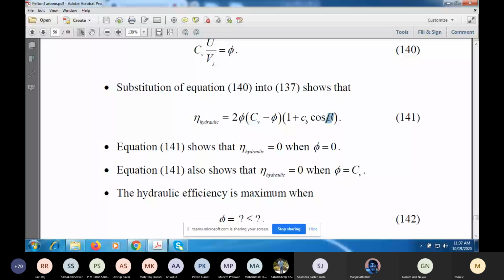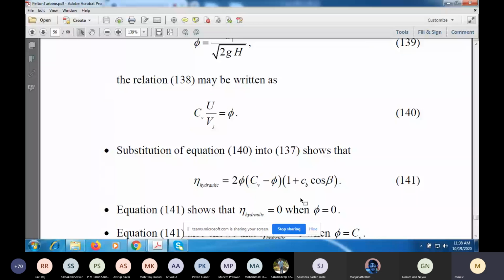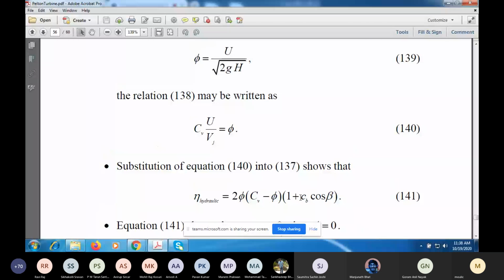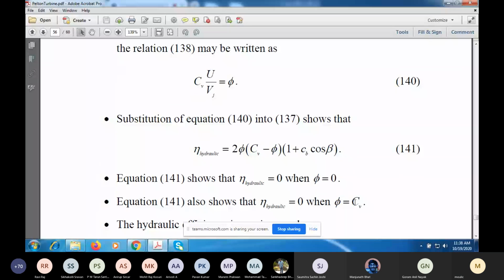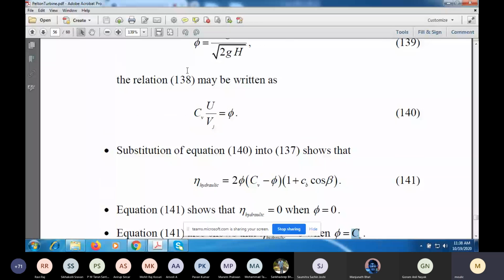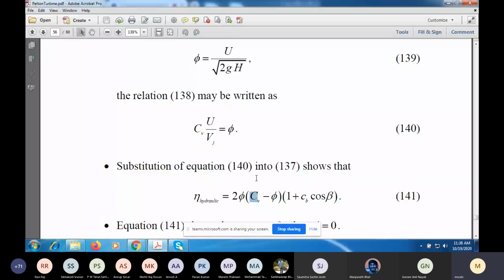So from this simple prediction, you see the hydraulic efficiency is 0 when phi is 0. That is when U is 0. Okay. And again, when phi equals CV, that is, U equals Vj, or U by square root of 2gh is equal to CV, again eta hydraulic is 0.